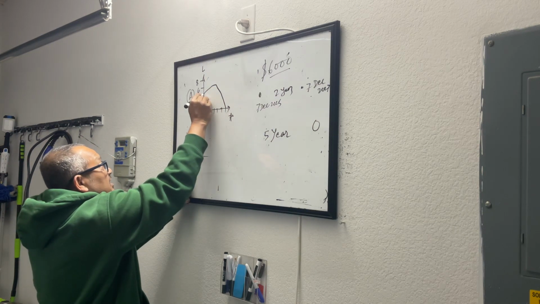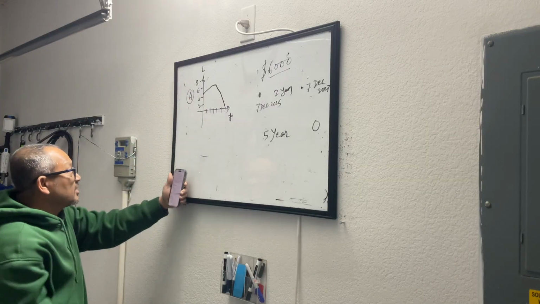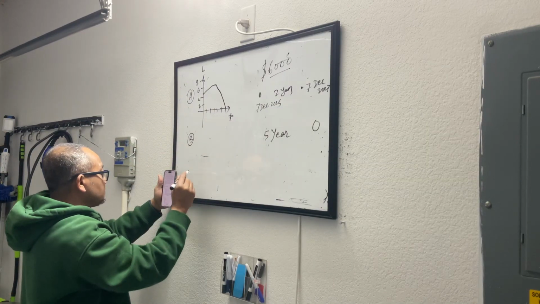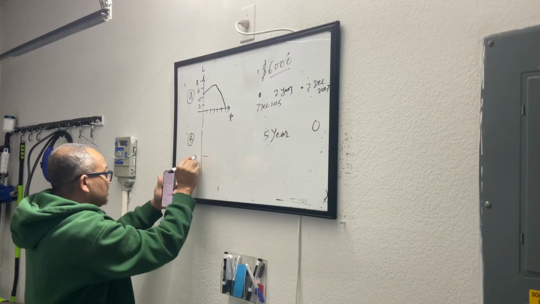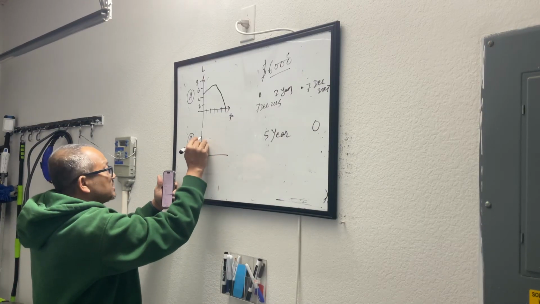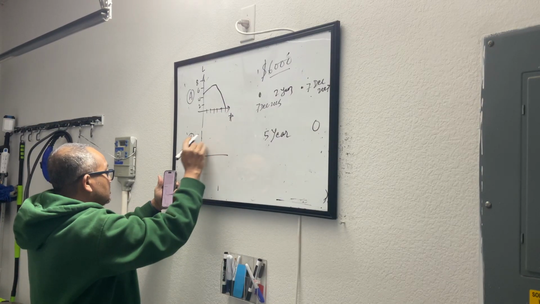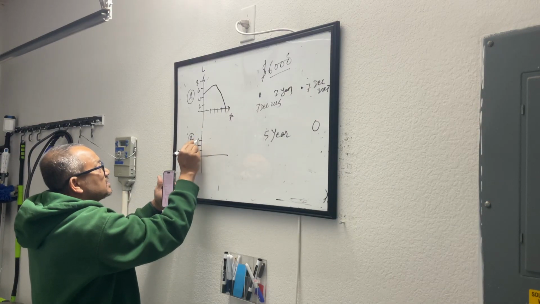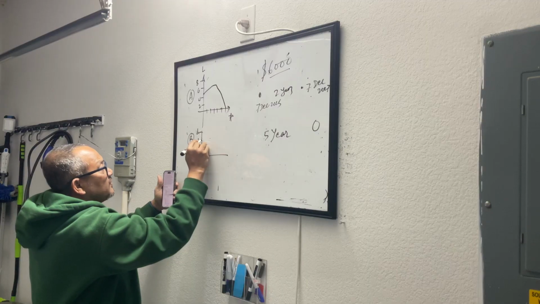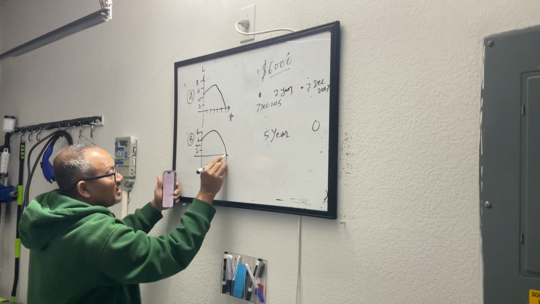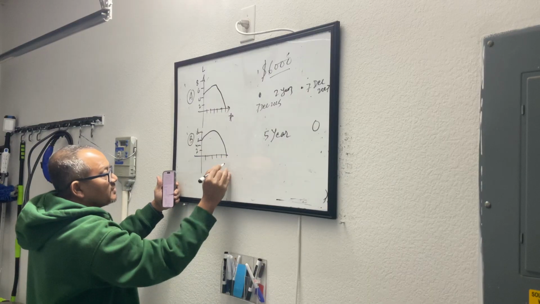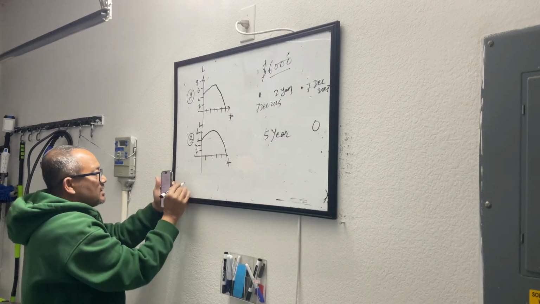So starting from somewhere between 4 and 6. This is option A. Option B is this one. Starting from 6, goes somewhere and meets at 5. This is T, this is L.